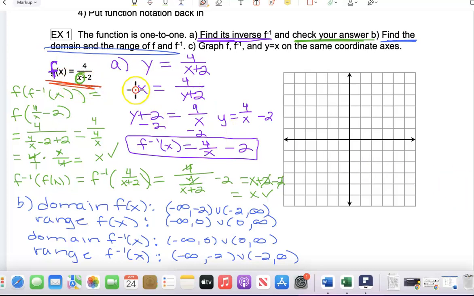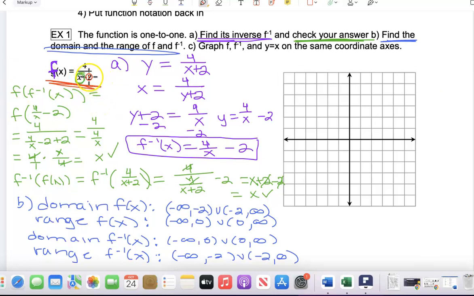Now, this guy, if you recognize it as a transformation, you certainly could just graph it using transformations. If not, totally fine. You can pick some points to fill in.